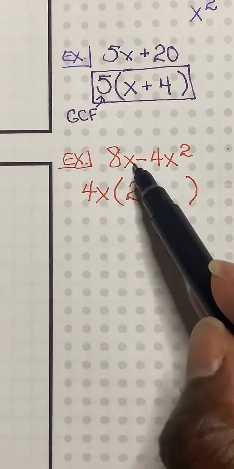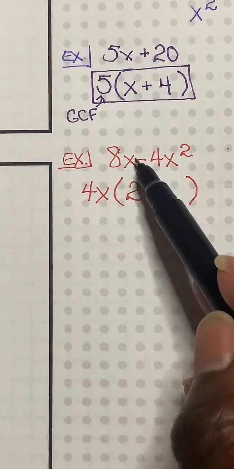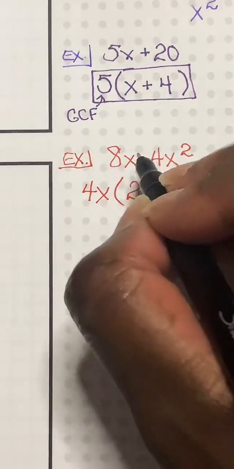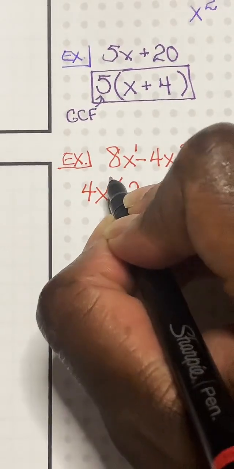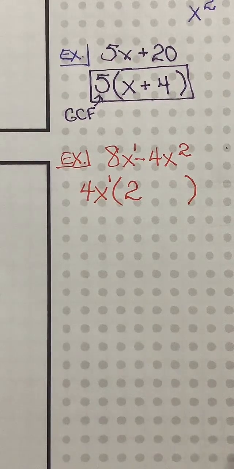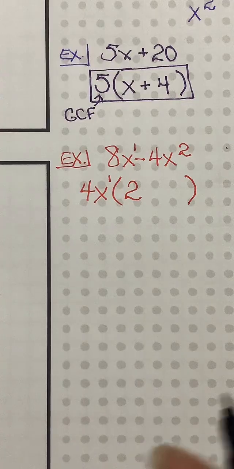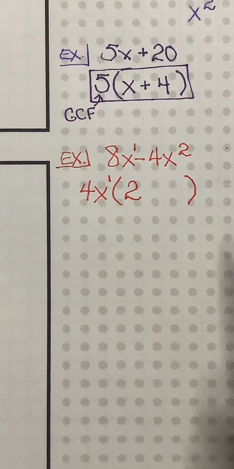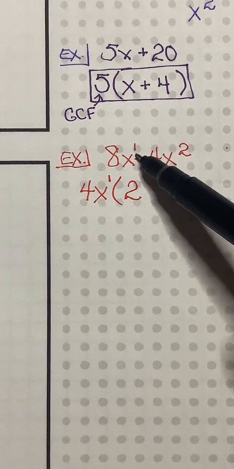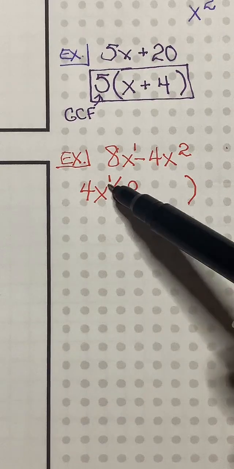Because when you divide, what do you do with the exponents? We don't see an exponent, but we assume that a 1 is there. So when we divide, we're subtracting these exponents.